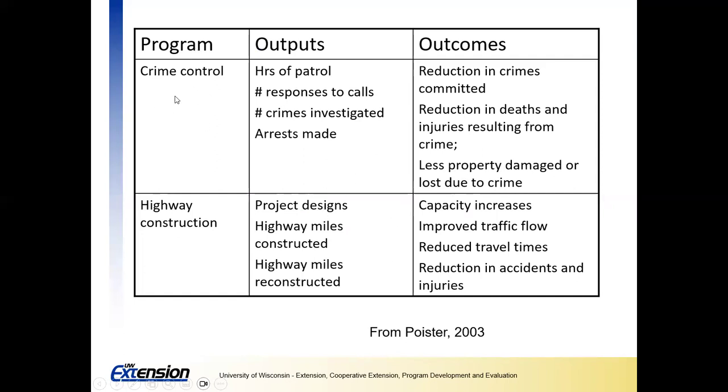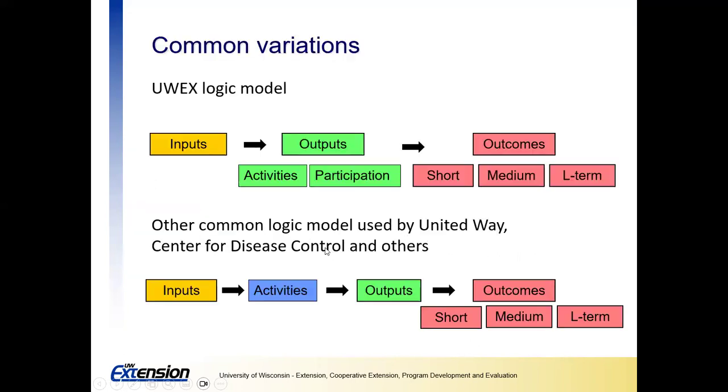The focus of this is a crime control program. This talks about the output, and this talks about the outcome. The one below that is highway construction, with its outputs and outcome. Here's another example giving some different variations of a logic model.